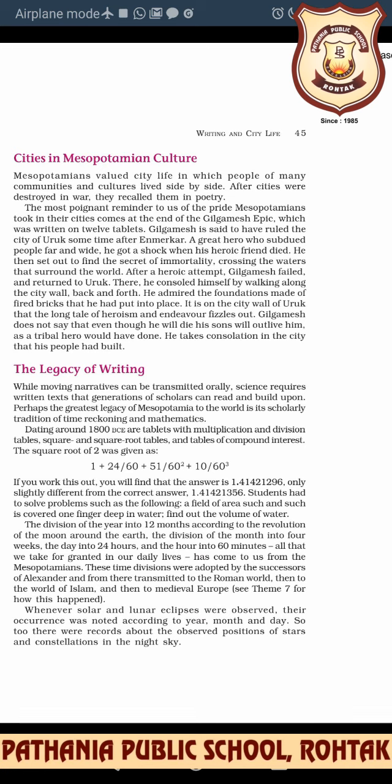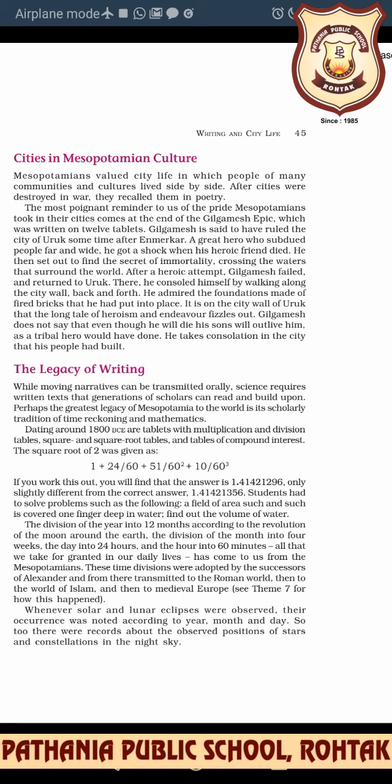And with that, the division of the year into 12 months according to the revolution of the moon around the earth, and then the division of the month into 4 weeks, the day into 24 hours, and the hour into 60 minutes. All that we take for granted in our daily lives has come to us from the Mesopotamians.